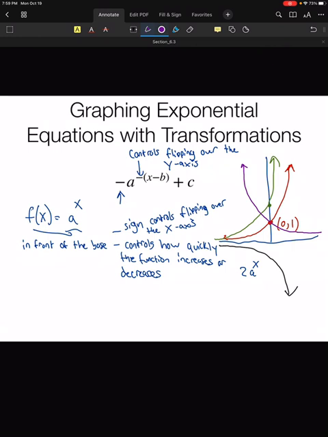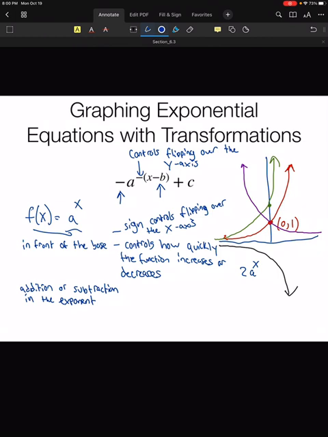And so then we have x. The next thing we have to worry about is this part right here: minus or plus b, minus or plus some number. I'm going to call this addition or subtraction in the exponent, meaning this x minus b.